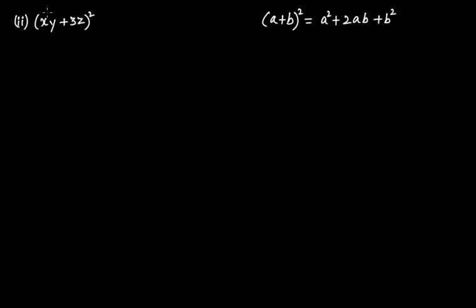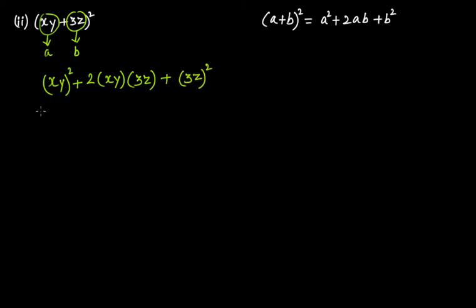So if you look at this expression, then this becomes a and this becomes b. So a squared means xy whole squared, plus 2a means xy multiplied by b means 3z, plus b squared means 3z whole squared. Now this is xy whole squared.